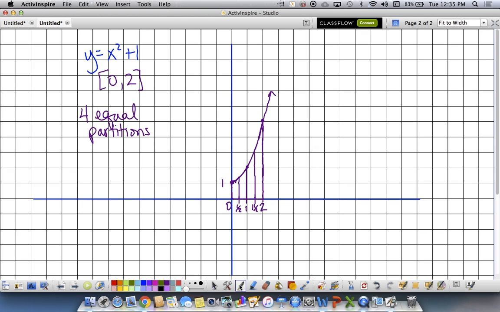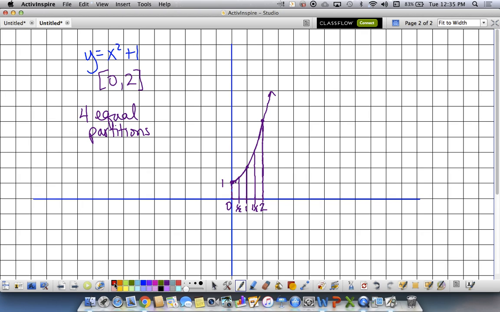Now you might have seen also with this title, it says in parentheses upper and lower sums. So the first thing, I'm probably going to duplicate this whole thing and just use it again. Because a lower sum means we're going to underestimate.